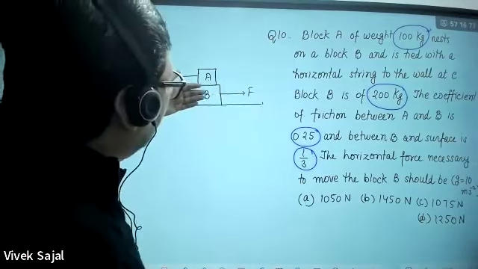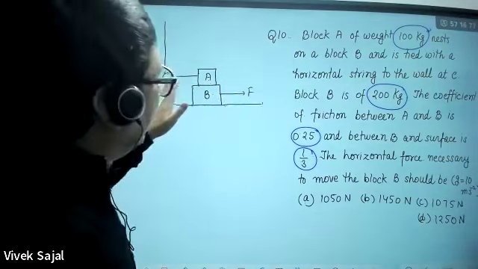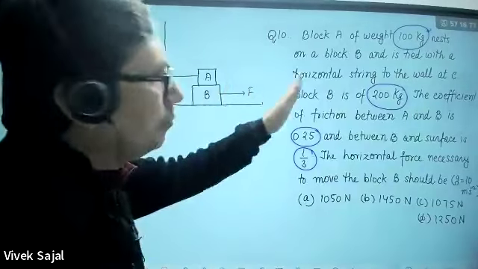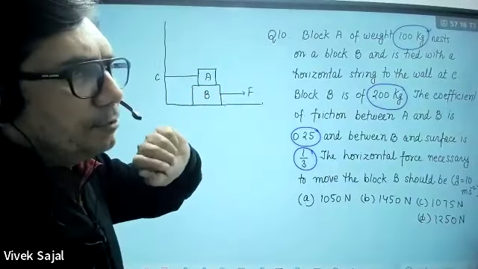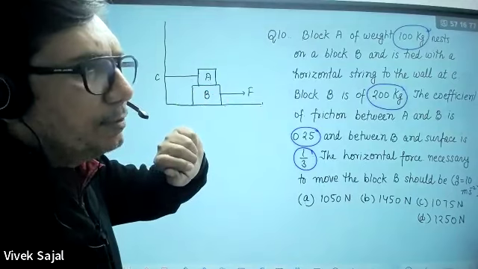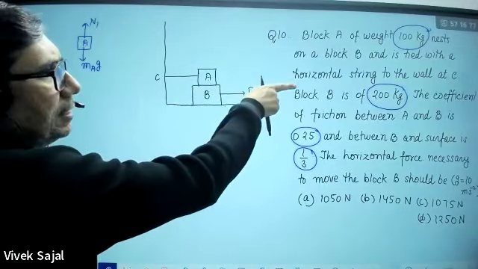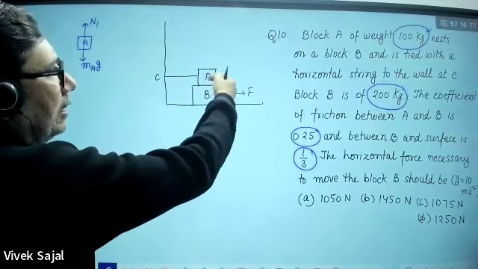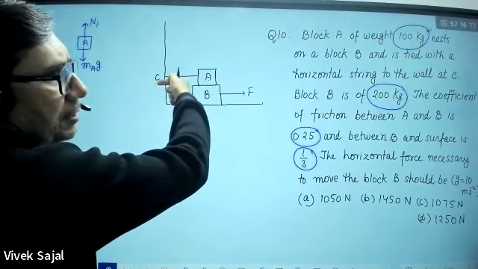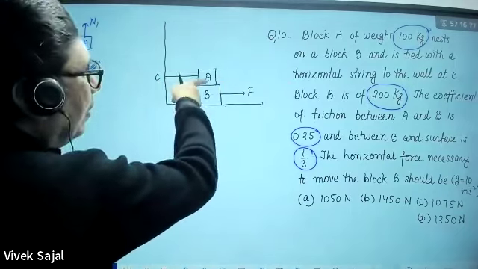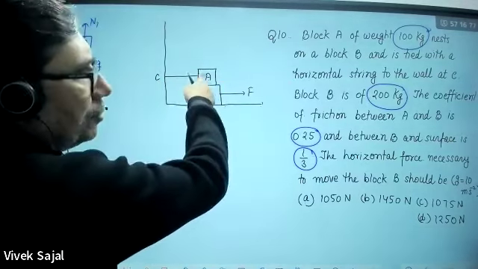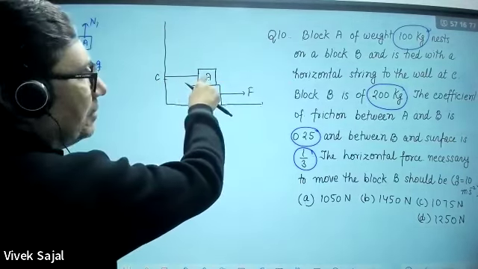You are trying to pull this block in this direction. ठीक है ना? You are trying to move this block B by applying the force. So automatically this block will move in this direction. So this A will have a relative motion in this direction. This block is not going to move because it is attached with this.